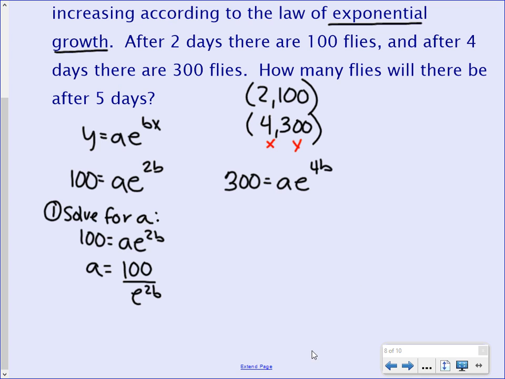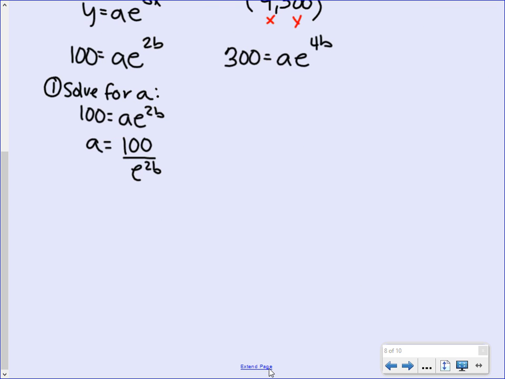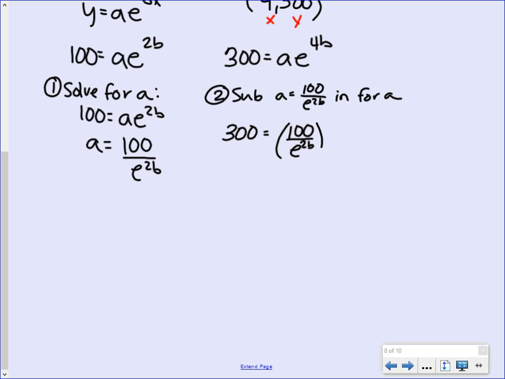If you can write one variable in terms of the other, then you can do substitution. So I'm going to sub a equals 100 divided by e to the 2b in for a in the other equation. So I could say 300 equals 100 divided by e to the 2b times e to the 4b.